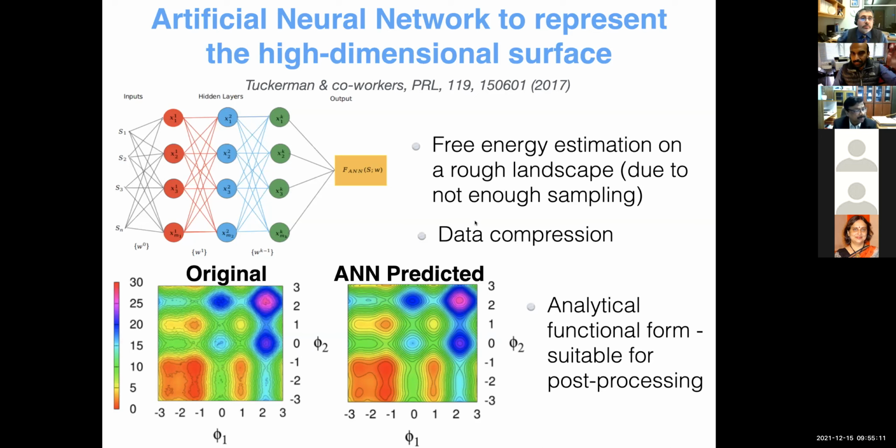Okay, and then we calculate the free energy on these grids and use that as the training for predicting the free energy on any other value of the collective variable space. So the training input are these collective variables and the output is the free energy. And then you can use any value of collective variable, it predicts the free energy at the end of the day. So that's fine. I see that Mark has a question.